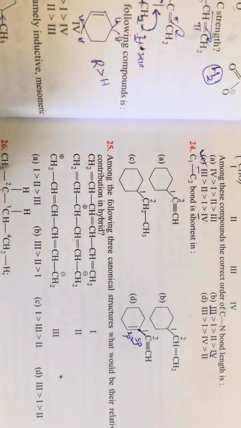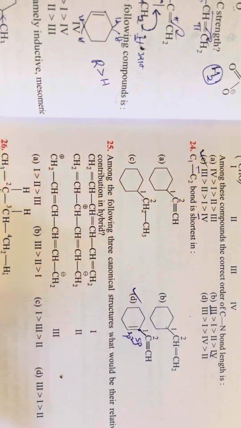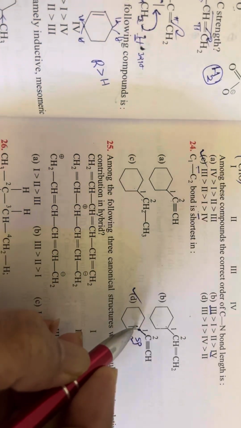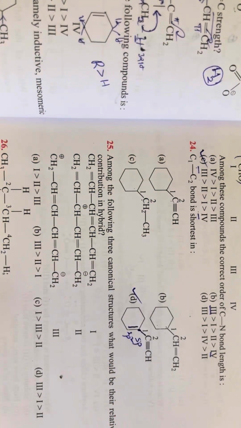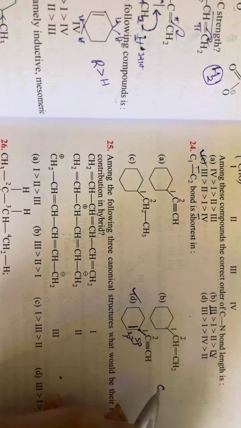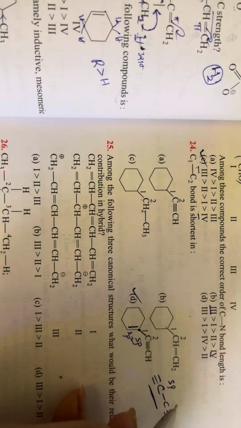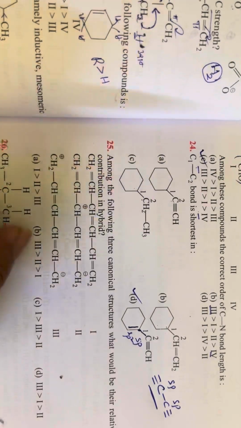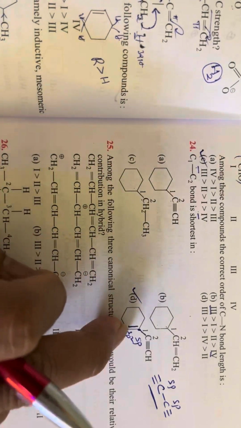They're asking for the shortest here. So this is our shortest because sp, sp2 are involved. A double bond is there, no? Got it? If somewhere there is sp and sp, suppose, that is further shortest. Because both are sp, it means it's the shortest of all. In our contest, D is the one, sp to sp.